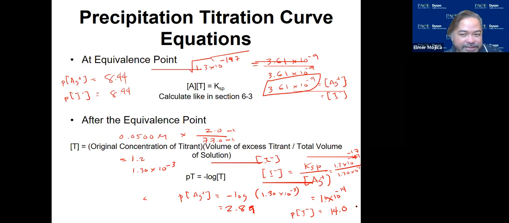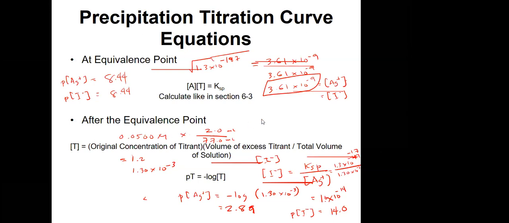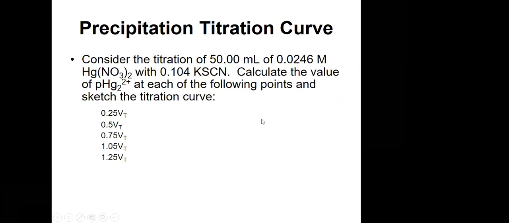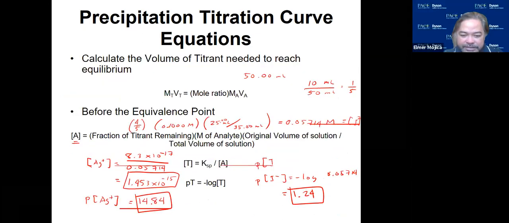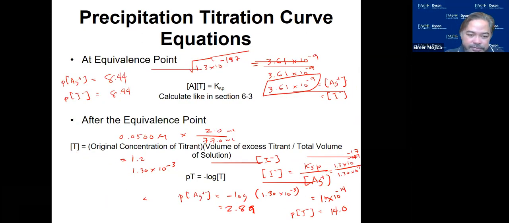Now, does that make sense? So if you're going to look at the values, we started with what? 14.84, 8.44, and then 2.89.